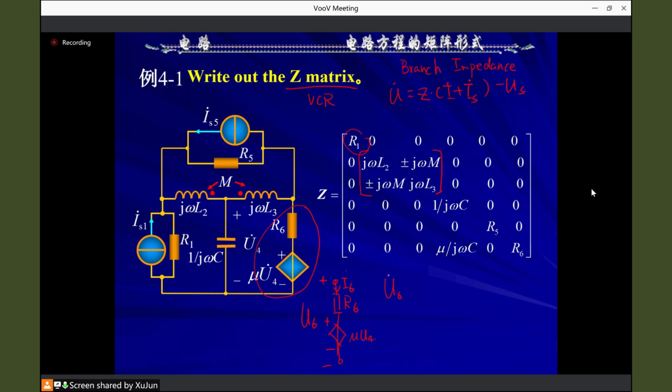The U6 will equal to R6 times I6 plus mu U4. U4 is this position, equal to 1 over j omega C times I4.